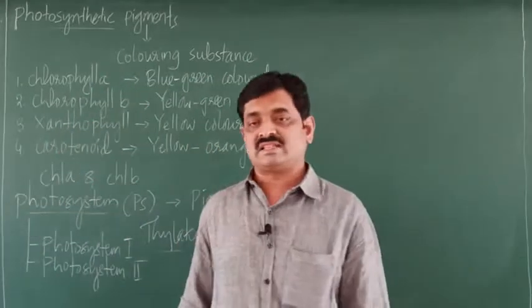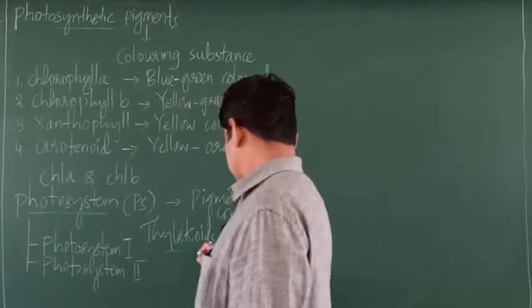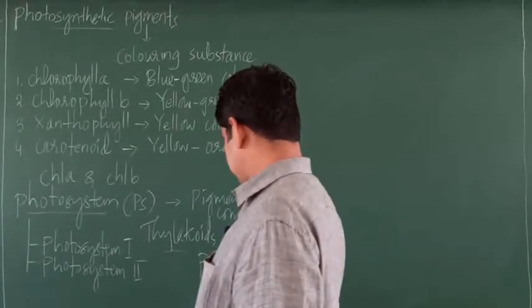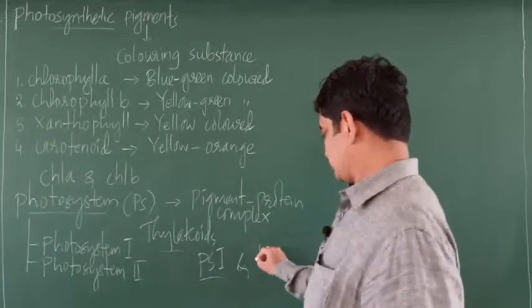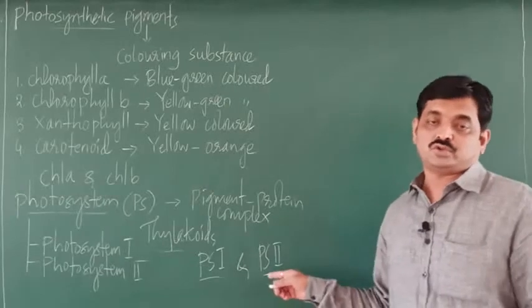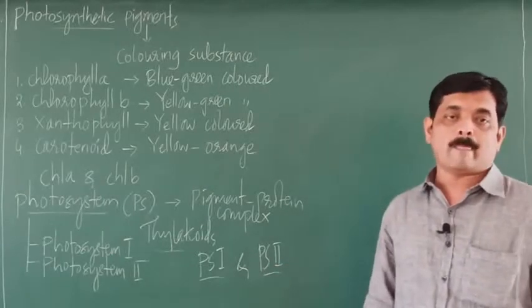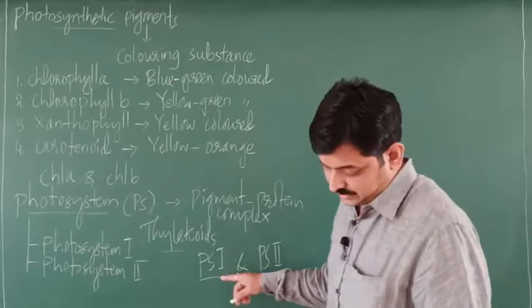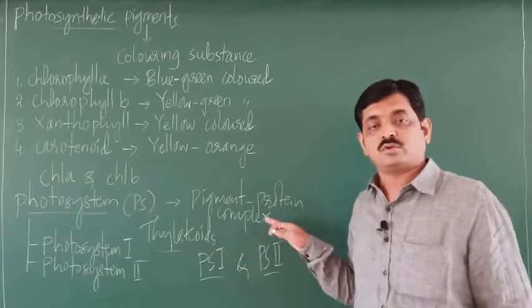Photosystem 1 is written like this, PS1, whereas photosystem 2 is written like this, PS2. So we shall consider some of the features of these two photosystems, that is photosystem 1 and photosystem 2.